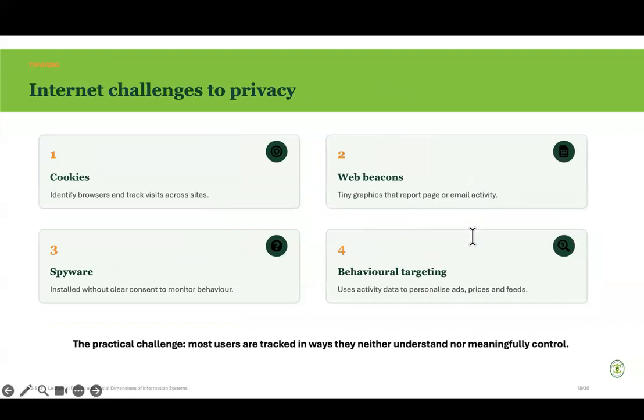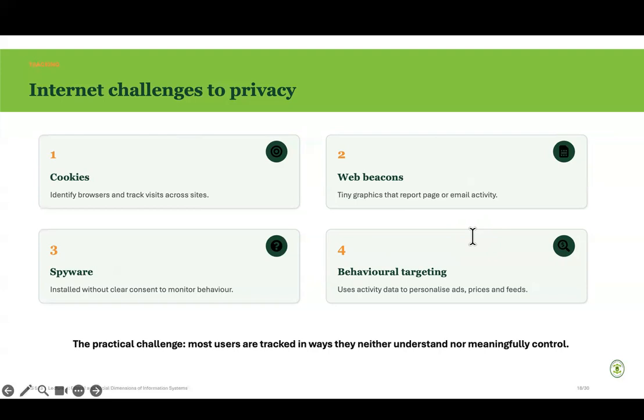Now, I want us to look at one aspect of the ethical issues that we have been discussing, and this has to do with privacy. We all use the internet one way or the other.